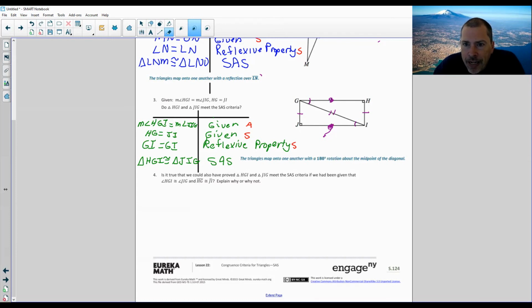If I redrew this triangle, here's G, here's J, and here is I. Now they're saying, could we have proved this if we knew that this side and this angle from the triangle? Could we or could we not?